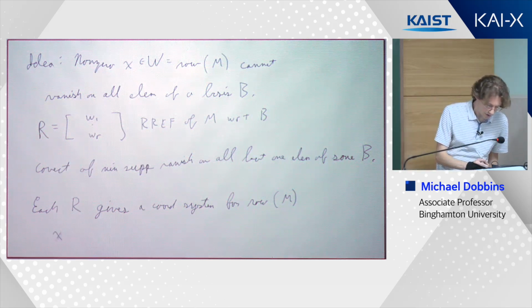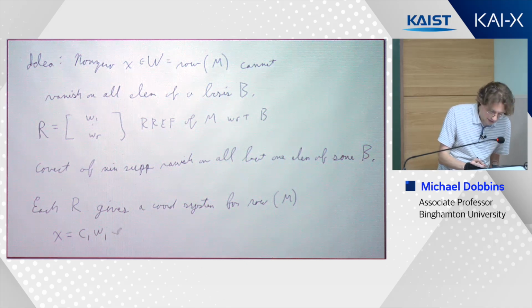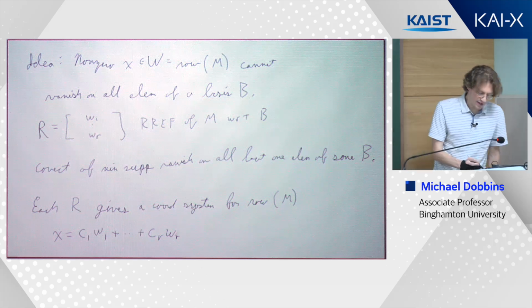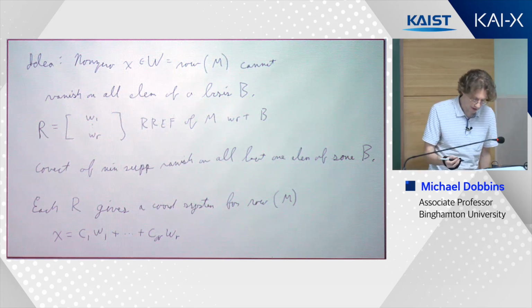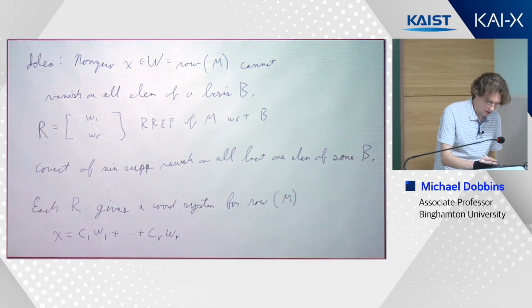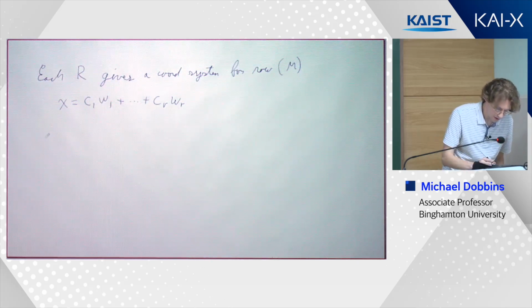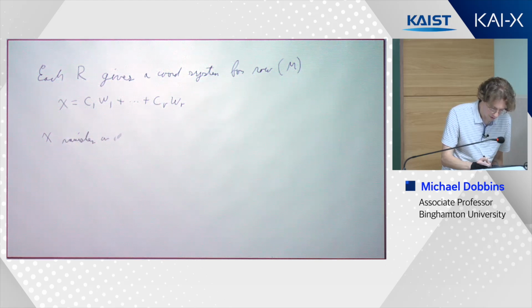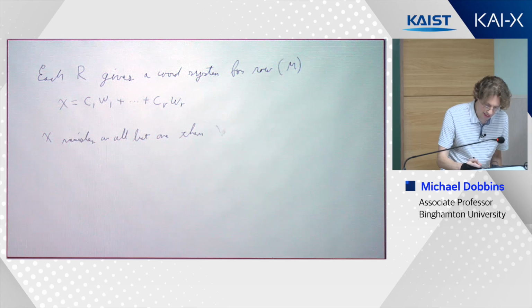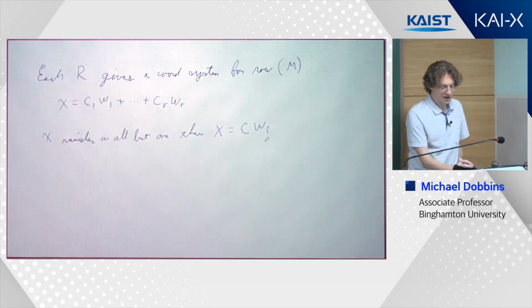So if we write X as some of these coordinates, and it vanishes on all but one, then we know that X has to be just a multiple of that one, whichever one it doesn't vanish on.